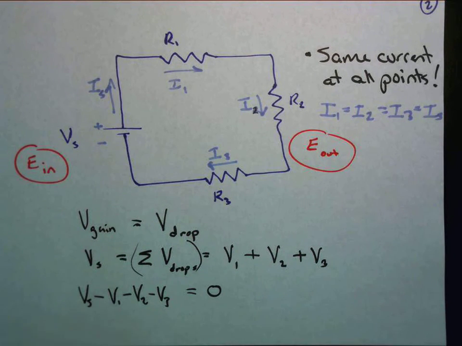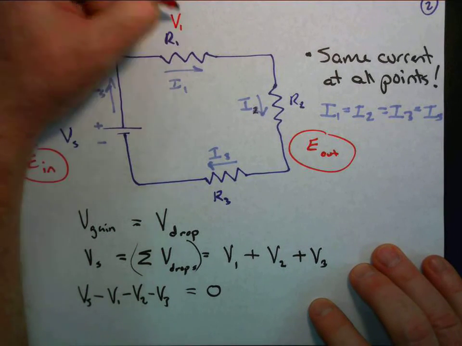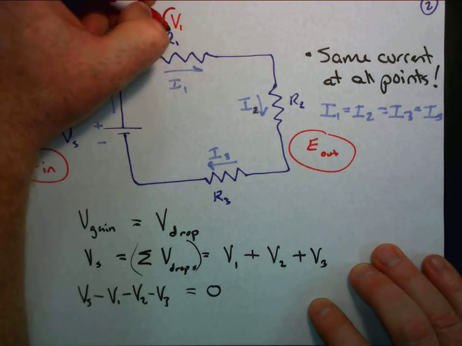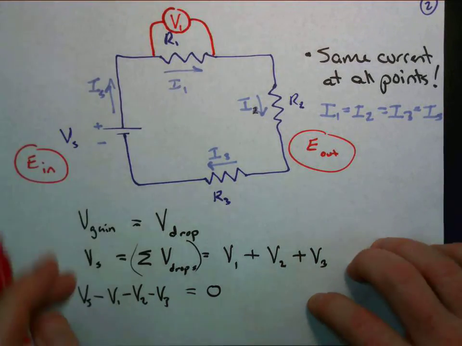Okay, so I can add some values of voltage to the circuit. Let me find a good color. Since voltage and energy are related, I will use red. Here's V1. And if we were to measure it with the voltmeter, we'd see that here, right?